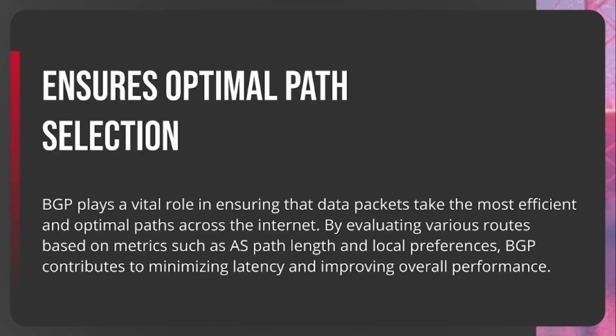BGP has different metrics like the AS path, local preference, weight, MED; different attributes are there. So BGP contributes to minimizing latency and improving overall performance by using all these attributes. These metrics have made BGP the most efficient protocol.